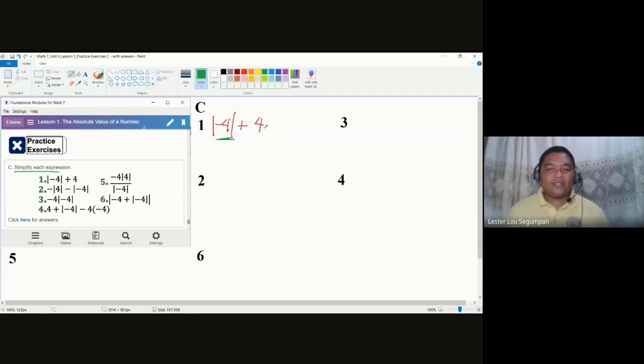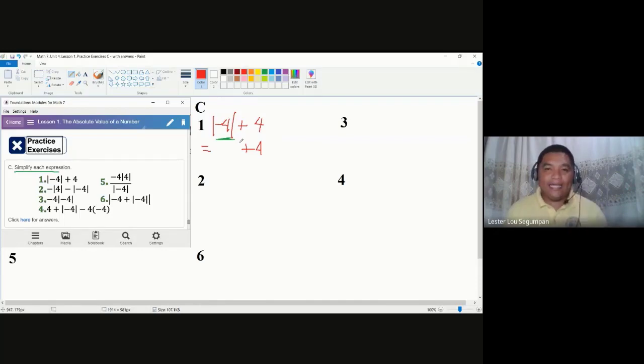If you say simplify, everything should be combined if things could be combined. So to do that, you simply copy the items without absolute value notations. So you have here plus 4, and simply get the result when the absolute value notation is simplified. So you have the absolute value of negative 4.